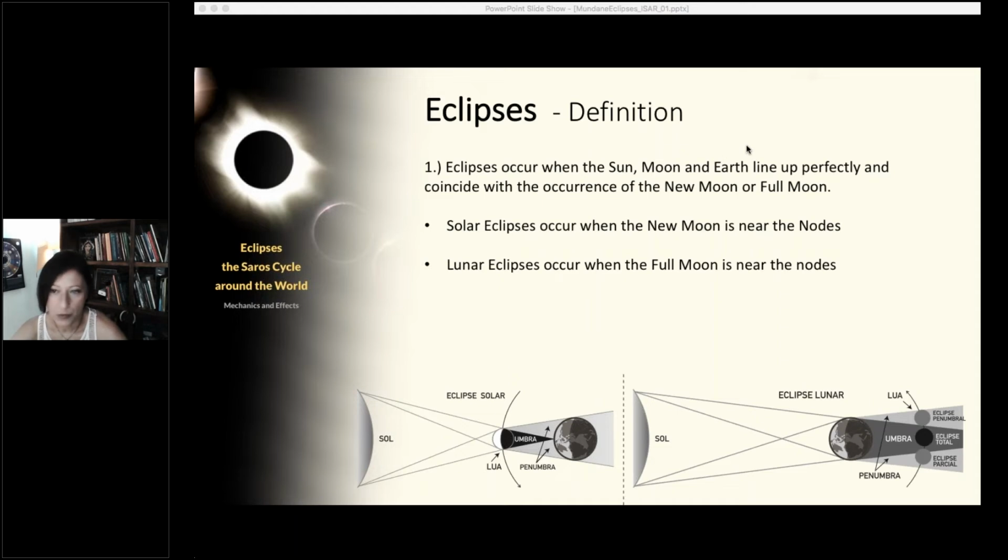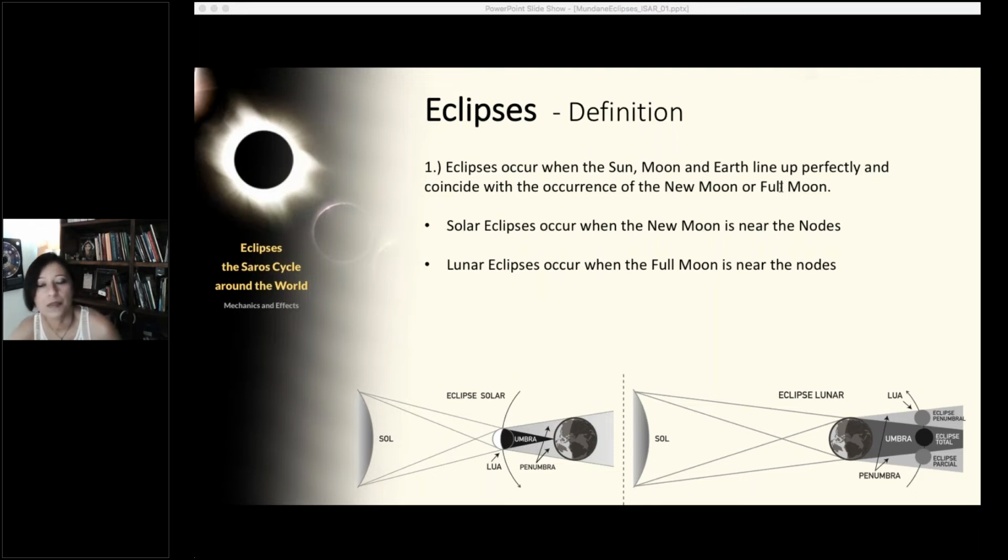I'm hoping that everyone is already familiar with these mechanics. The eclipses occur when the sun transiting the lunar nodes coincides with the new or the full moons. Solar eclipses occur when the new moon is near the nodes. So from Earth, during the day, you see the moon conjunct the sun right in front of the solar disk.